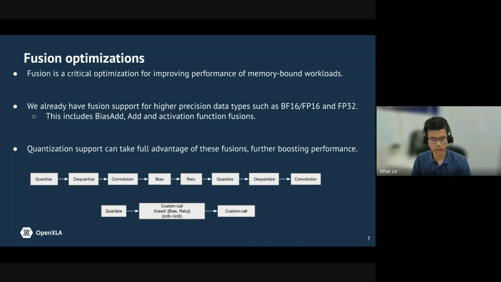You can look at the example here: the bias add and the ReLU have been fused into the INT8 convolution custom call. Our approach allows INT8 workloads to benefit from the highly optimized fusion strategy that is already present in high-precision data types, and thereby enhances performance without significant changes to the XLA code base.